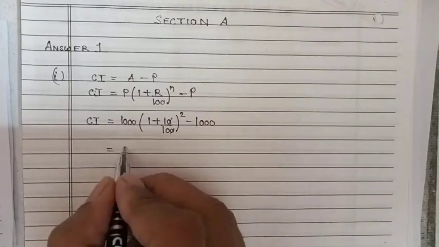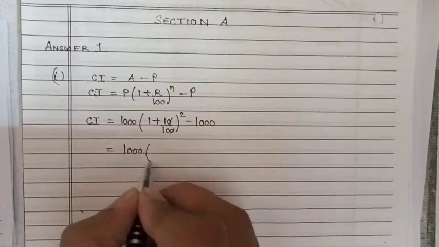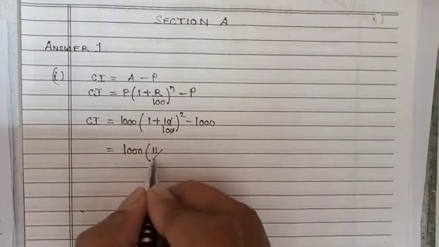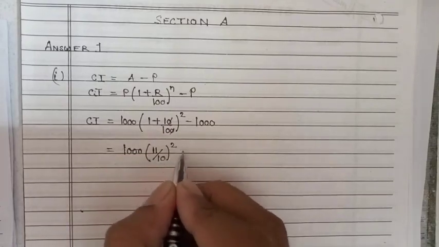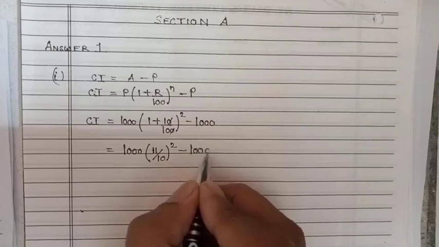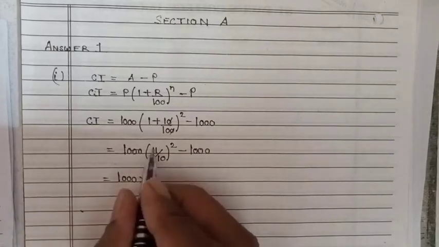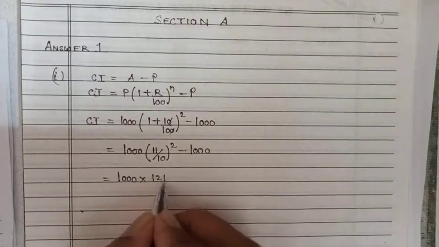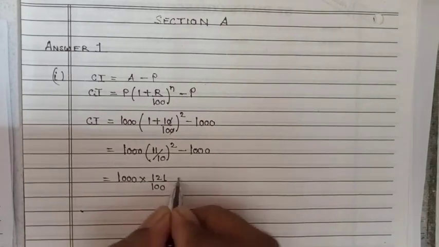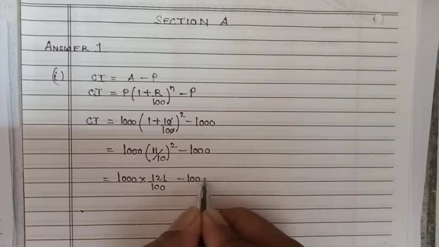So within the bracket, if you simplify, you are getting (11/10) raised to the power of 2. So this will give you 11 square 121 upon 10 square 100 minus 1000.